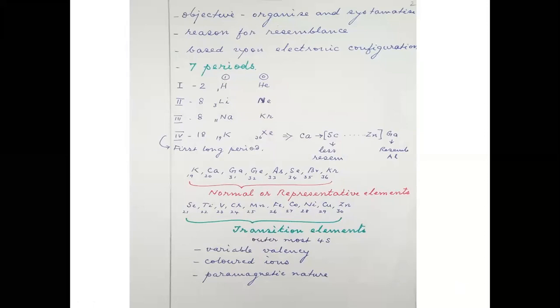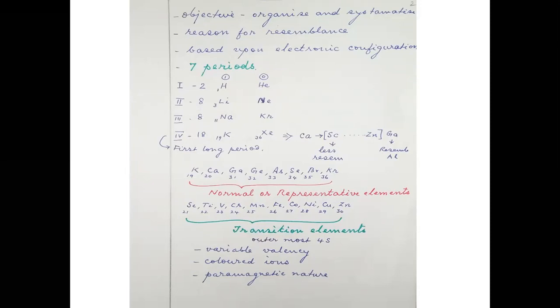See, scandium 3d1, 4s2. Titanium 3d2, 4s2, vanadium 3d3, 4s2, chromium, it is actually 3d4, 4s2, but d4 is partially completed. So in order to make it half filled, one electron from the s orbital goes to the d orbital and 3d4 becomes 3d5, 4s1 to attain stability.